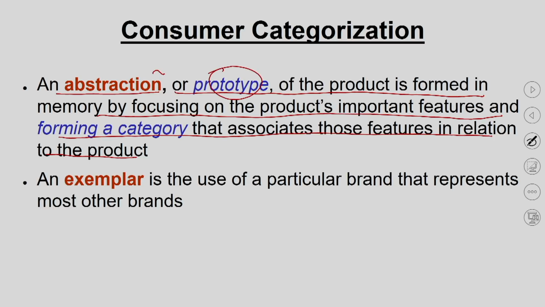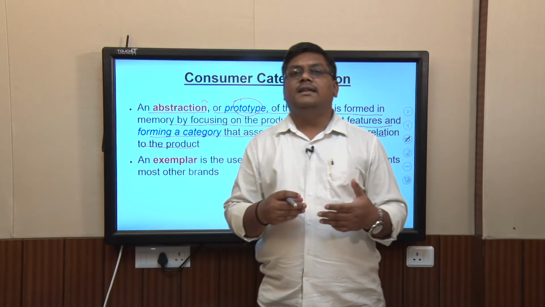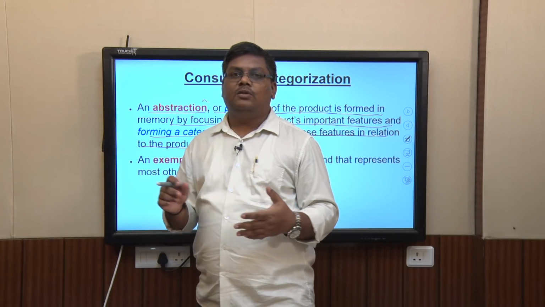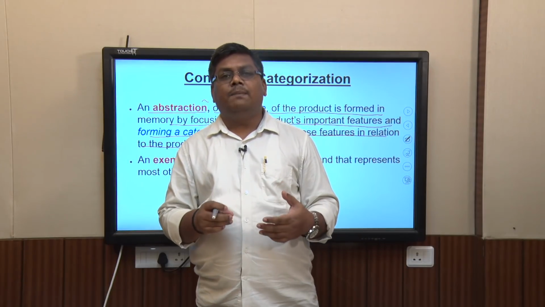Let us say that you have never seen a kind of product. A product is offered to you and you have never seen that product before. So how do you understand this product? This abstraction or prototyping happens for new products. A new product comes in the market and you have not seen it.